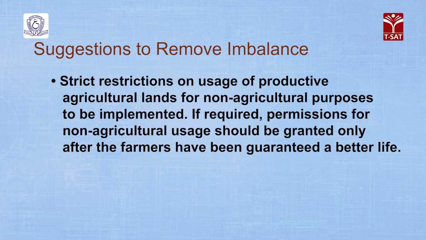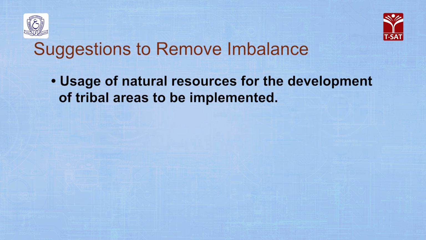Strict restrictions on usage of productive agricultural lands for non-agricultural purposes to be implemented. If required, permissions for non-agricultural usage should be granted only after the farmers have been guaranteed a better life. Usage of natural resources for the development of tribal areas to be implemented.